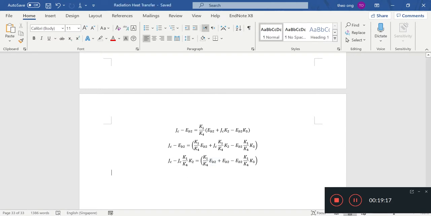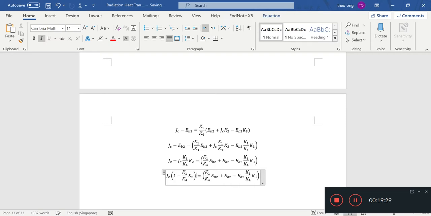Alright, so what we have is a JC times 1 minus something. So we just factorize JC out, and we can factorize EB2 out as well. 1 here, and divide here.